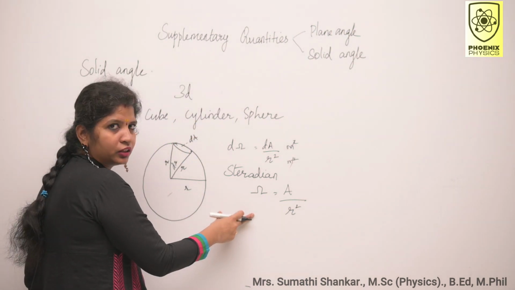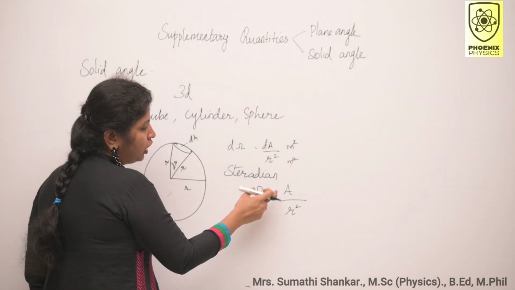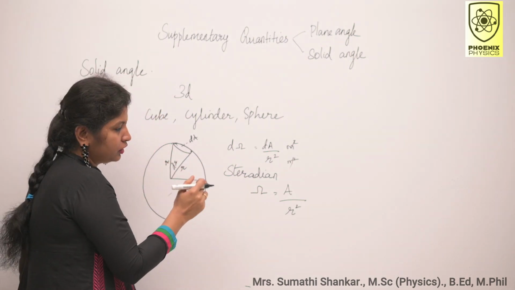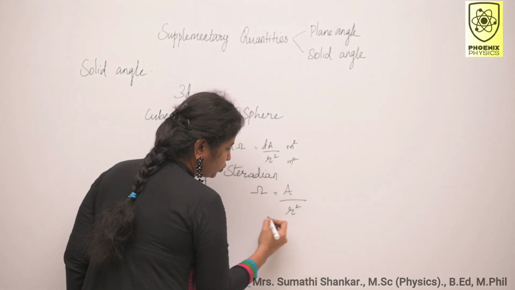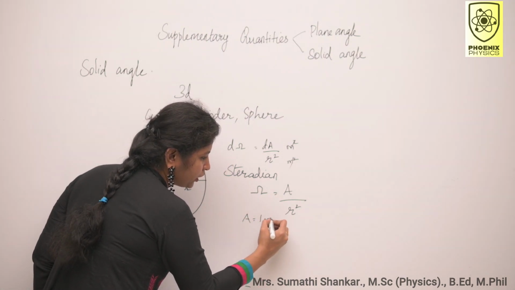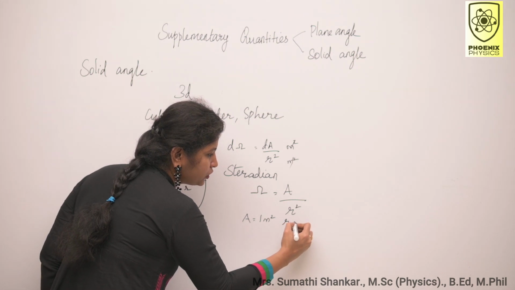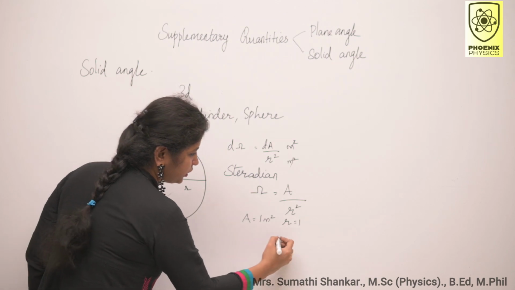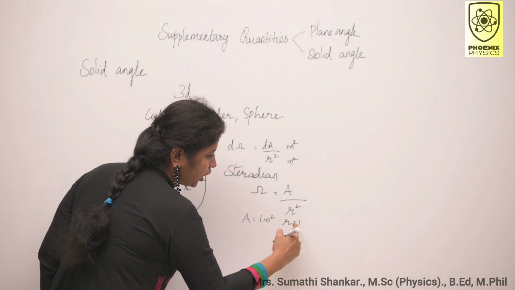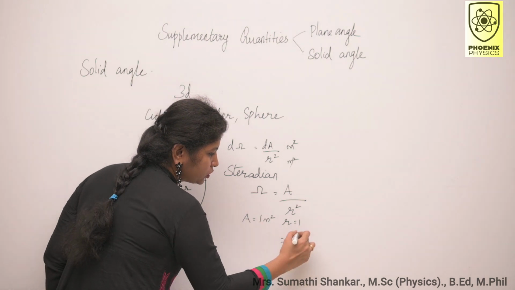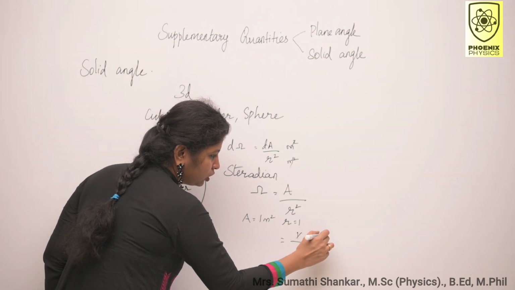1 steradian is the ratio of area of the sphere to the square of the radius of the sphere. Up to this clear? Now, how will you define 1 steradian? Suppose the area is 1 meter squared and R is equal to 1, we can get 1 steradian. So R is 1 means R squared also 1. Area 1 meter squared. So cancel 1.